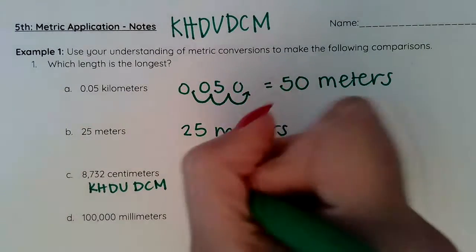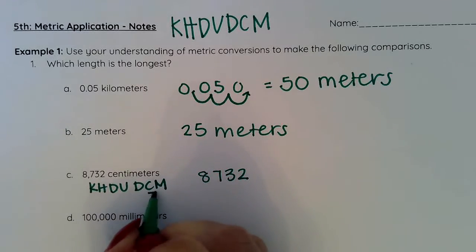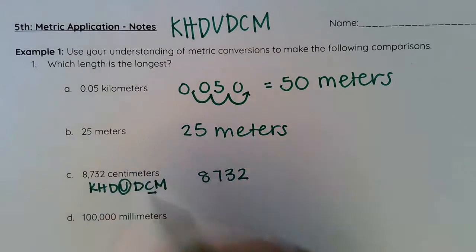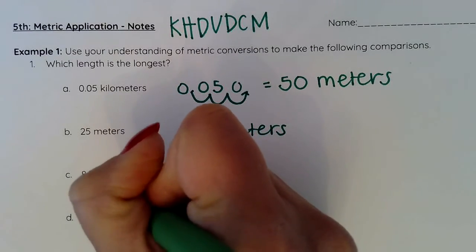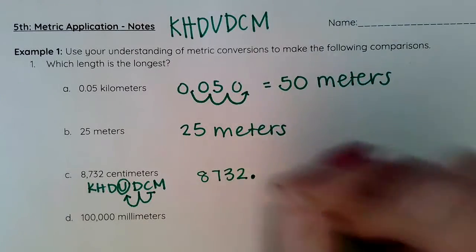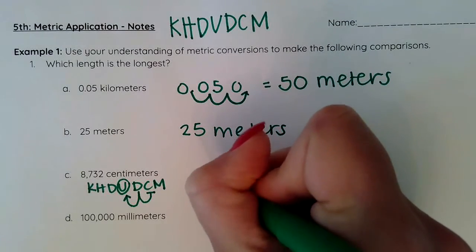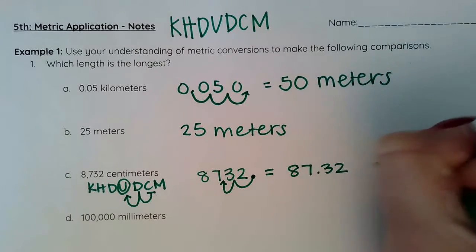Okay, I've got 8,732. To get from centi to my base unit of meters, I need to move my decimal 1 time, 2 times to the left. My decimal's here. I move it 2 times to the left, getting me 87 and 32 hundredth meters.